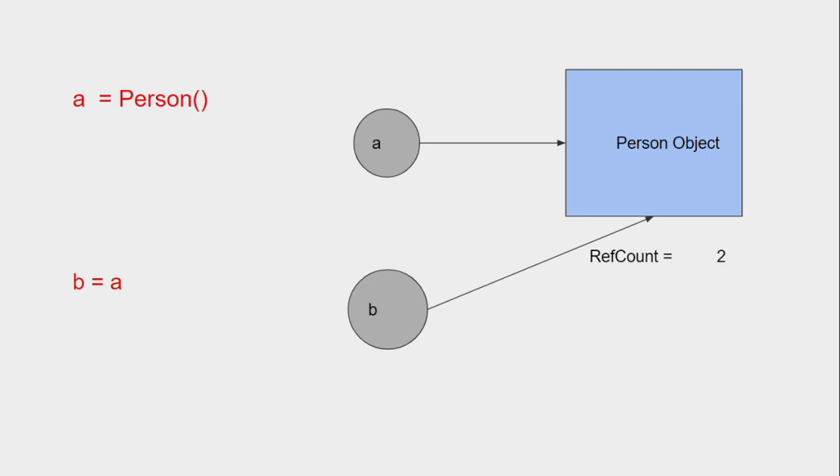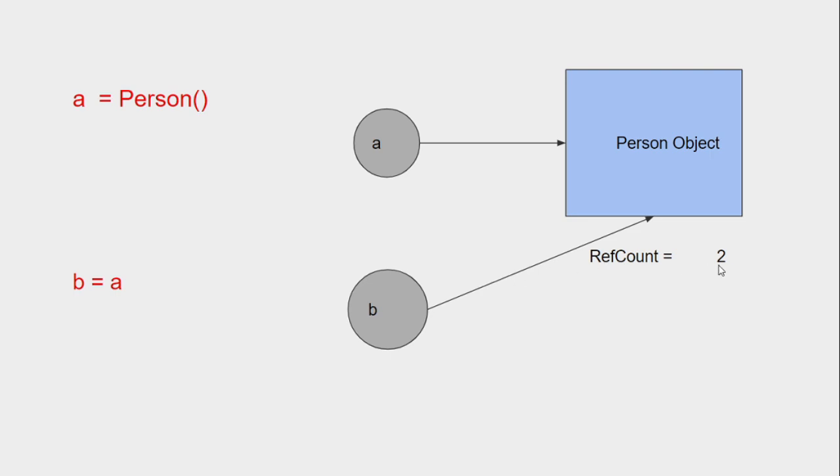This is how reference counting works. Now if I make a = None, the reference count becomes 1, because only b references this object, and a's link vanishes. Similarly, if I do b = None, then this link disappears, and the reference count will be 0.